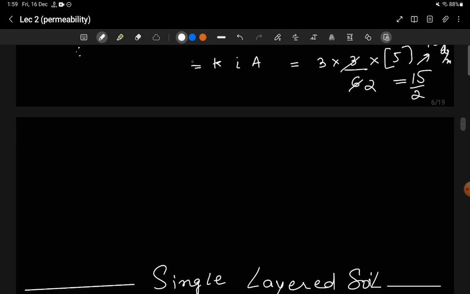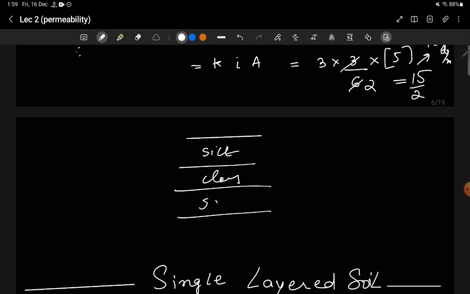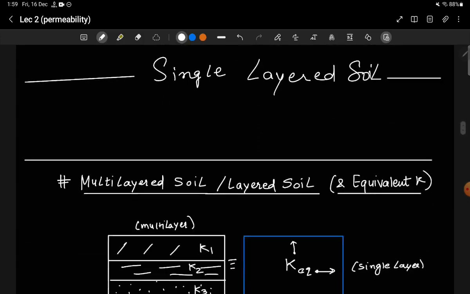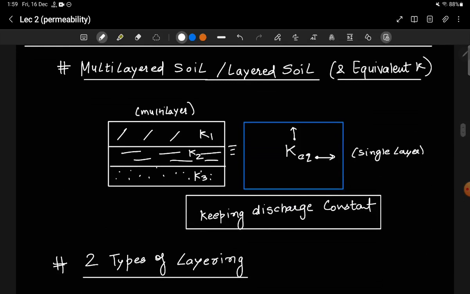That means we have, say, silt here, and let us say we have clay here, and let us say we have sand here. So it's a multi-layered soil. So how will the discharge flow through such multi-layered soils? How will coefficient of permeability be affected in such cases? Now we'll see that.